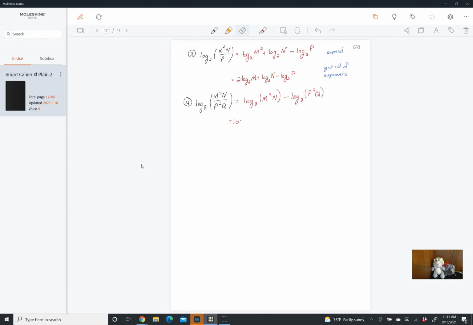We can just say log base 3 of m to the 4th plus log base 3 of n. But now we're subtracting this whole thing. So when we expand this, we need to put it into parentheses. The first part could have parentheses, but since it comes first, going left to right, it doesn't need parentheses. It makes no difference. So log base 3 of p squared plus log base 3 of q.